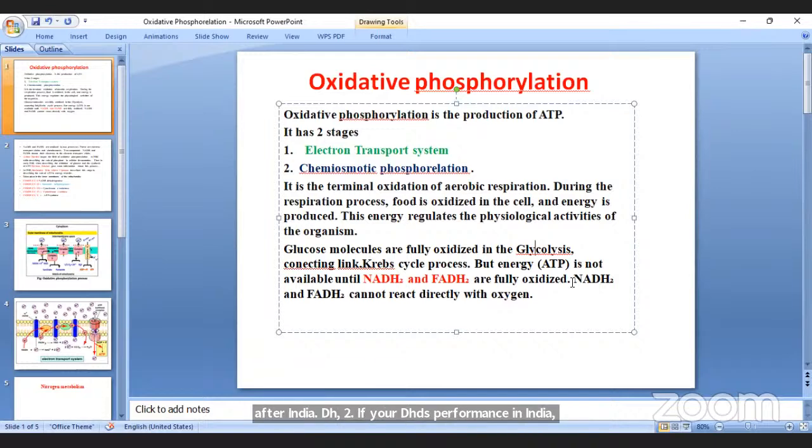Another important thing is that NADH2 and FADH2 cannot react directly with oxygen. Oxygen can react only with electrons, which are released from the oxidation of NADH2 and FADH2. So here is the full concept.